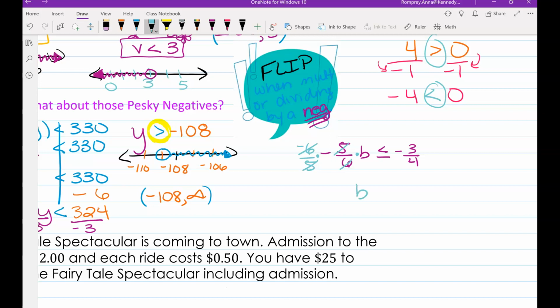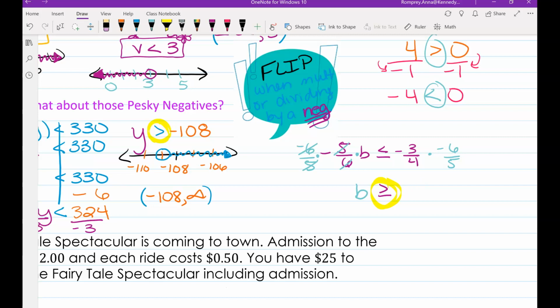Beautiful. So b is, wait a minute, what did we just multiply by? A negative. So you better remember to flip that sign and do it to the other side. -6/5. Can I simplify anything? I don't think so. So -3, just going to multiply straight across. -3 times -6, 18.